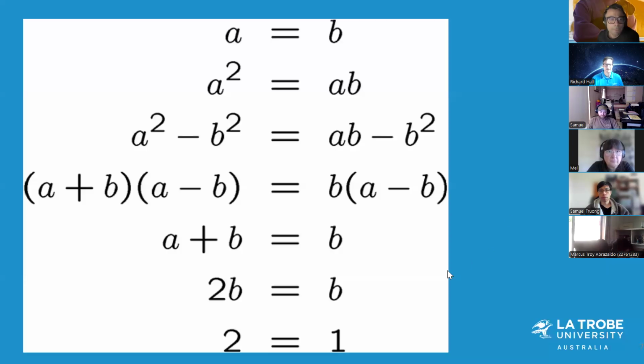So let me just show you a very quick mathematical proof, incidentally. Have a look at this one. There's something weird about it, because if you look through to the bottom line, you will see that the bottom line says 2 equals 1.